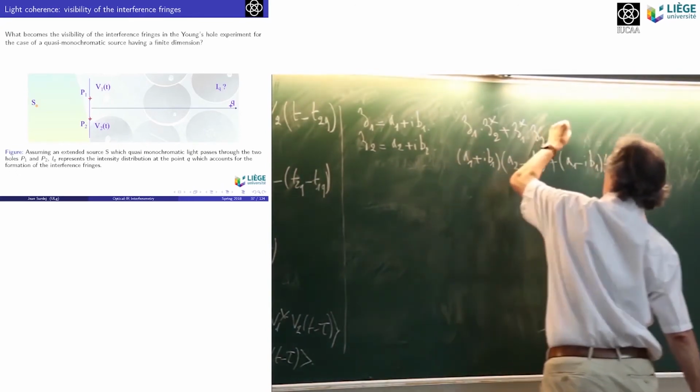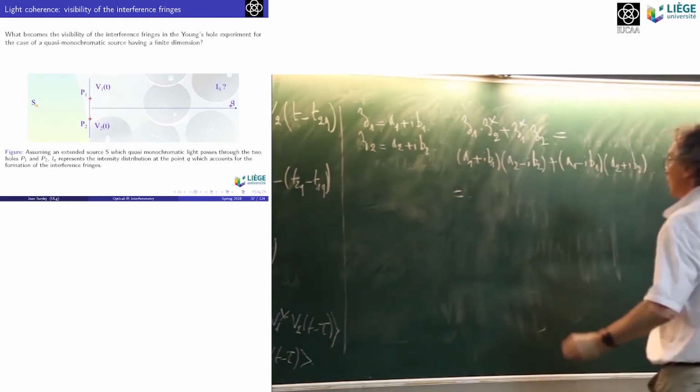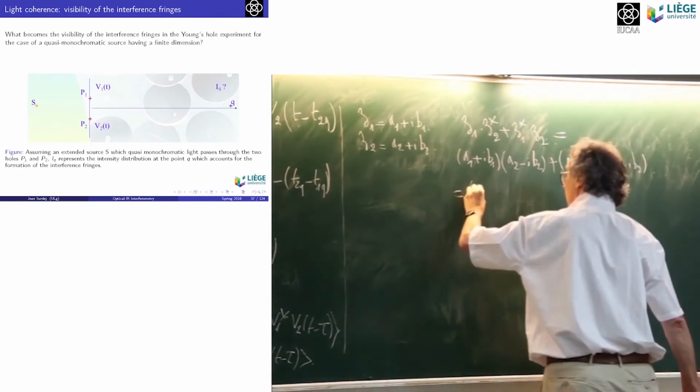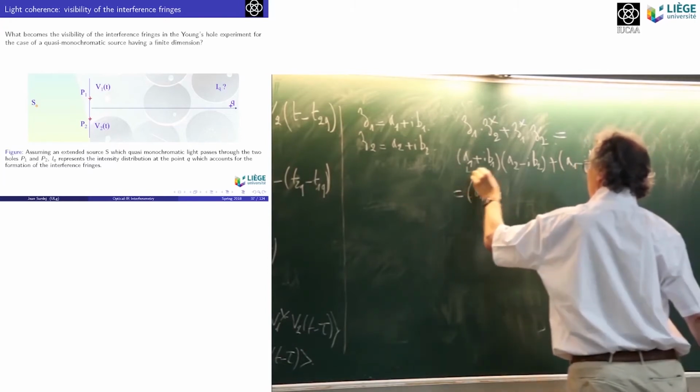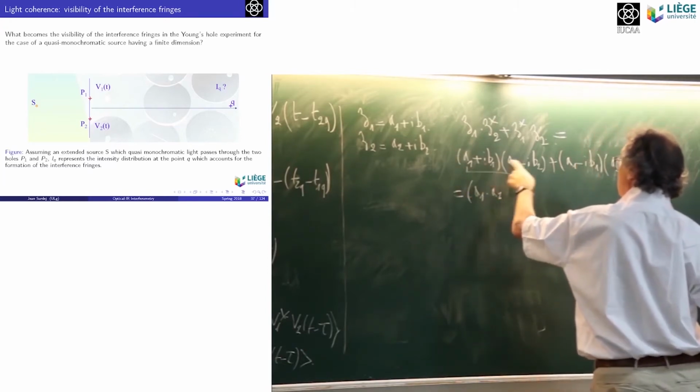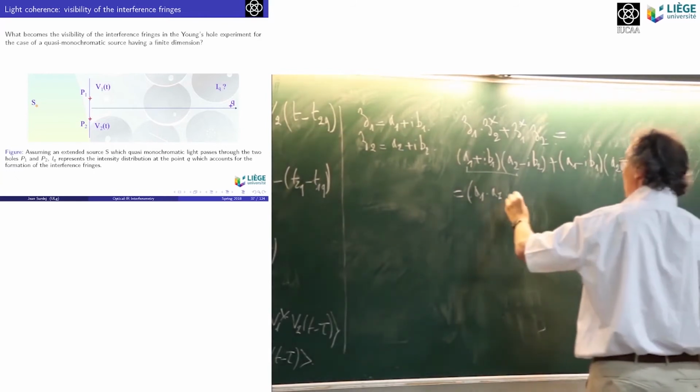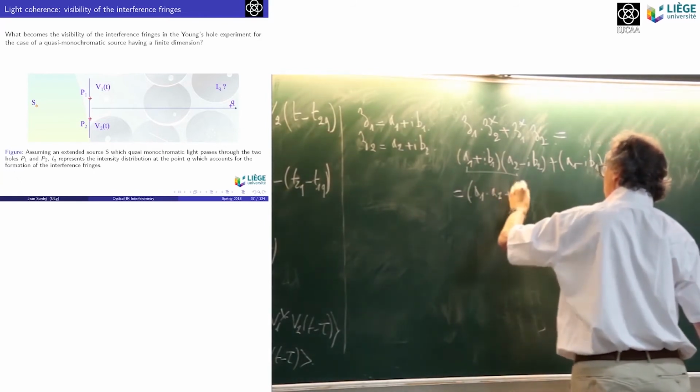So this is equal to A1 times A2. Now, minus minus, so it will be a plus B1 B2.